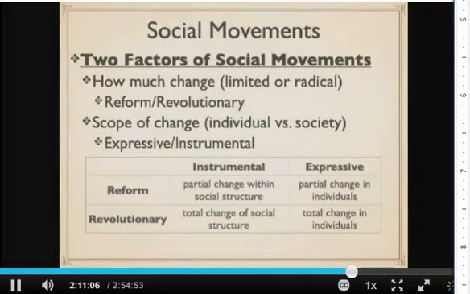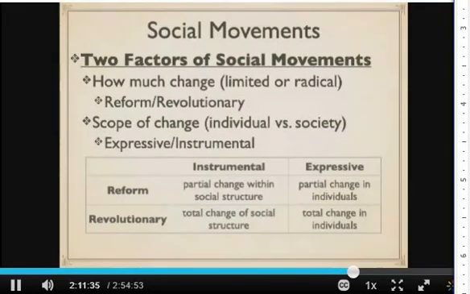So an instrumental revolutionary movement might include something like the Bolshevik Revolution in Russia, where they meant to overthrow the aristocracy that had ruled Russia for centuries, the monarchy, the czars, and change the social structure completely to a new, more socialist type of society, right?